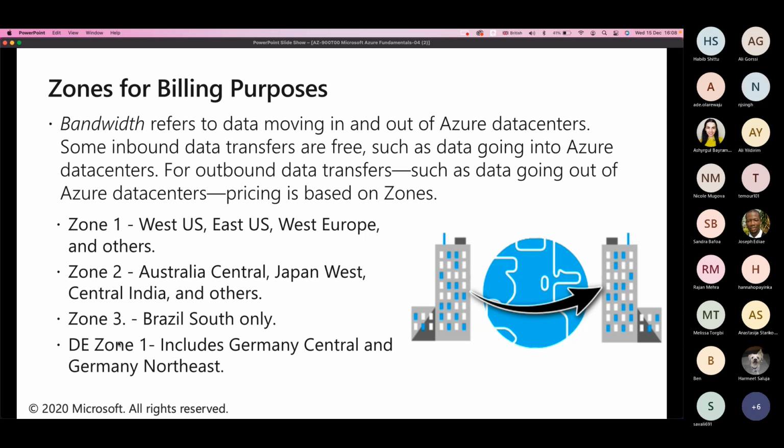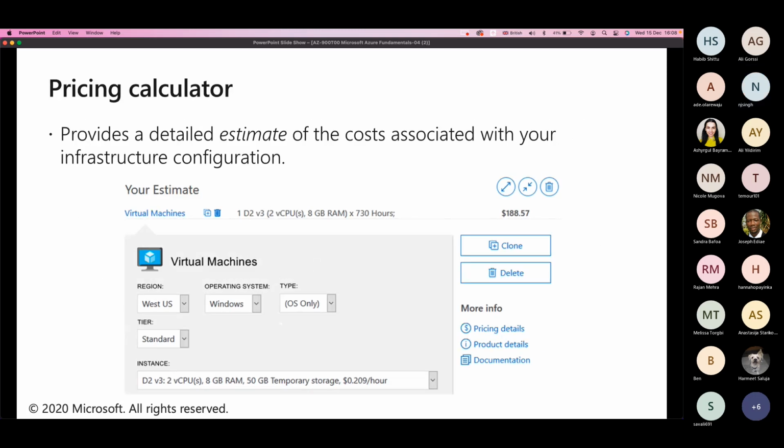It could be outside the country. So these zones are basically pricing based on the zone where your data center is located. So it's very cost effective as well. Okay, thanks, no worries.